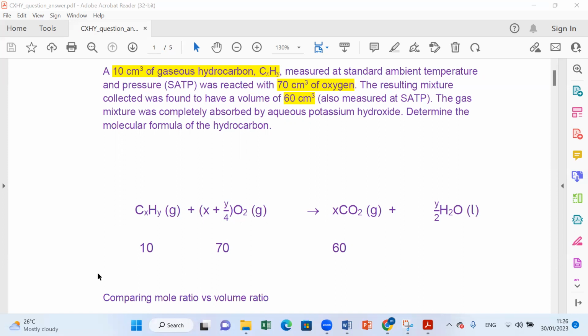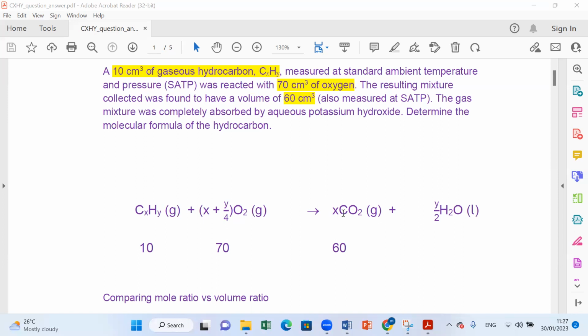Knowing that there's an x here, that means x moles of carbon produces x moles of carbon dioxide. And of course, if you have Hy, which is y moles of hydrogen, knowing that the formula of water has two H's inside, the coefficient here will be y over 2. If you take y over 2 times H2, you get back your Hy, right? So that's how you get your amount of water produced.